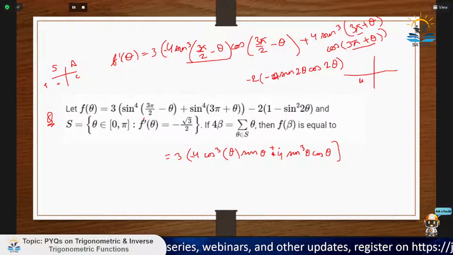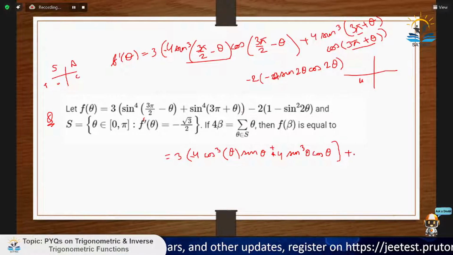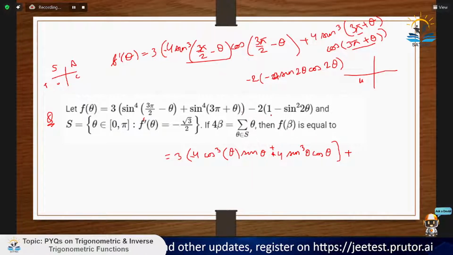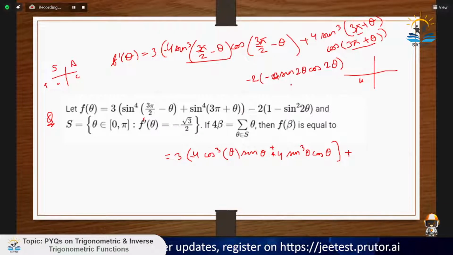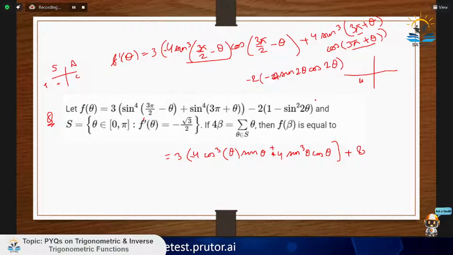From here, on evaluating further, I will be getting plus 8 times, because this is minus 2 times minus 2 sine 2 theta into cos 2 theta into the differentiation of 2 theta, which is 2. So plus 8 times sine 2 theta into cos 2 theta. So basically, this will become 4 times sine 4 theta, because 2 sine 2 theta cos 2 theta is sine 4 theta.